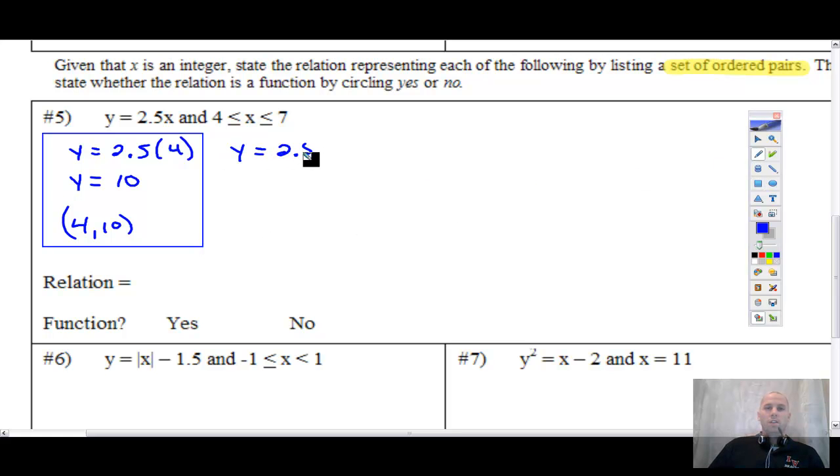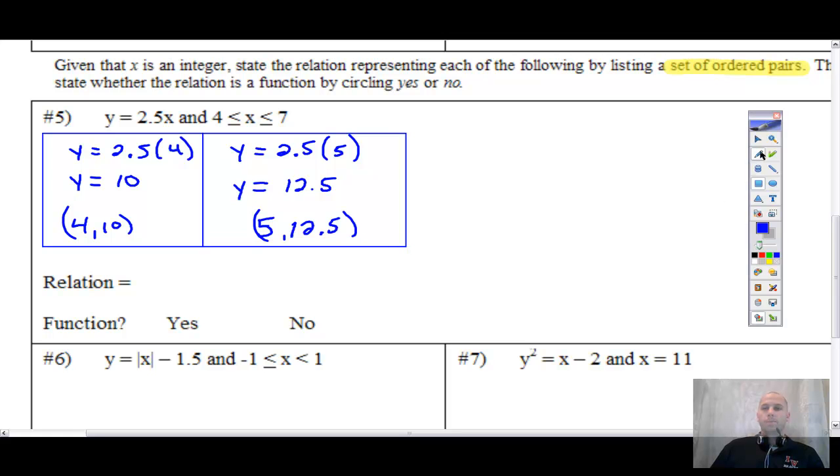If I put in 5, 2 times 5 is 10, half of 5 is 2.5, that's 12.5. My second ordered pair. If I put a 6 in, two and a half times 6 is going to be 12 plus 3, it's 15.